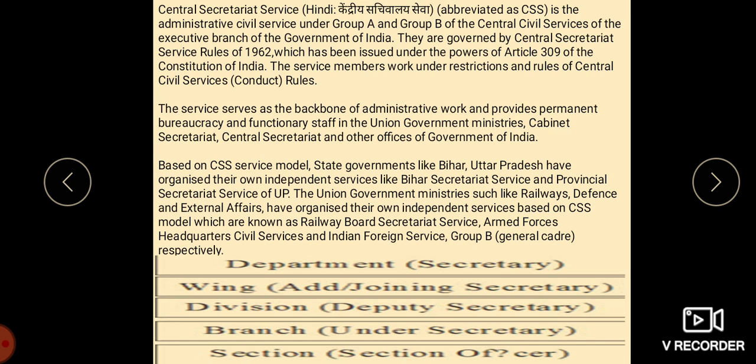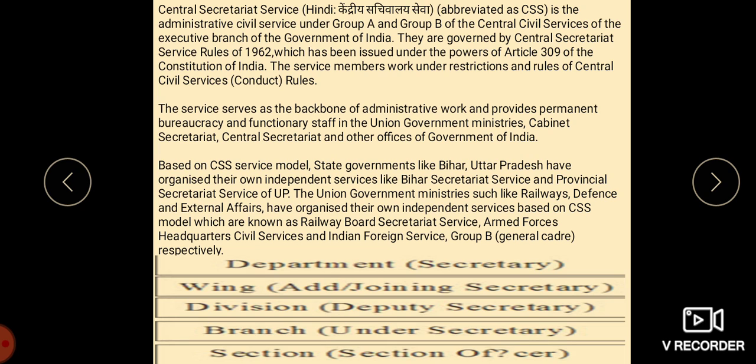Union government ministries such as railways, defense and external affairs have organized their own independent services based on the central secretariat service model, known as the Railway Board Secretariat Service, Armed Forces Headquarters Civil Service and Indian Foreign Service Group B, that is, the General Cadre, respectively.